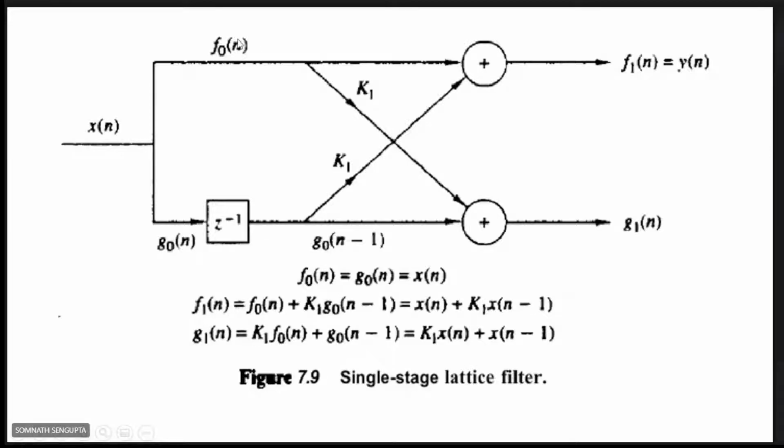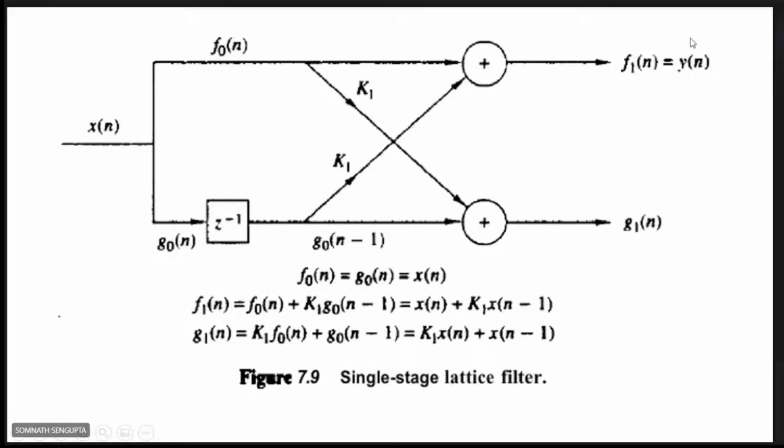So what we get finally is xn or f0n in the top line, and the bottom line is the delayed version of the input xn, g0n minus 1. Both are multiplied with the same coefficient k1.